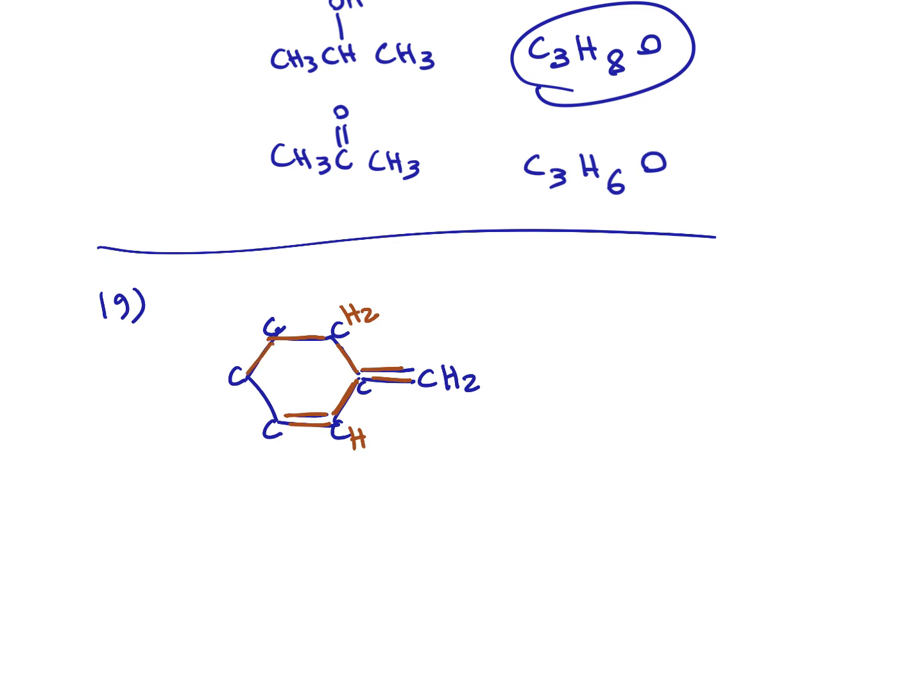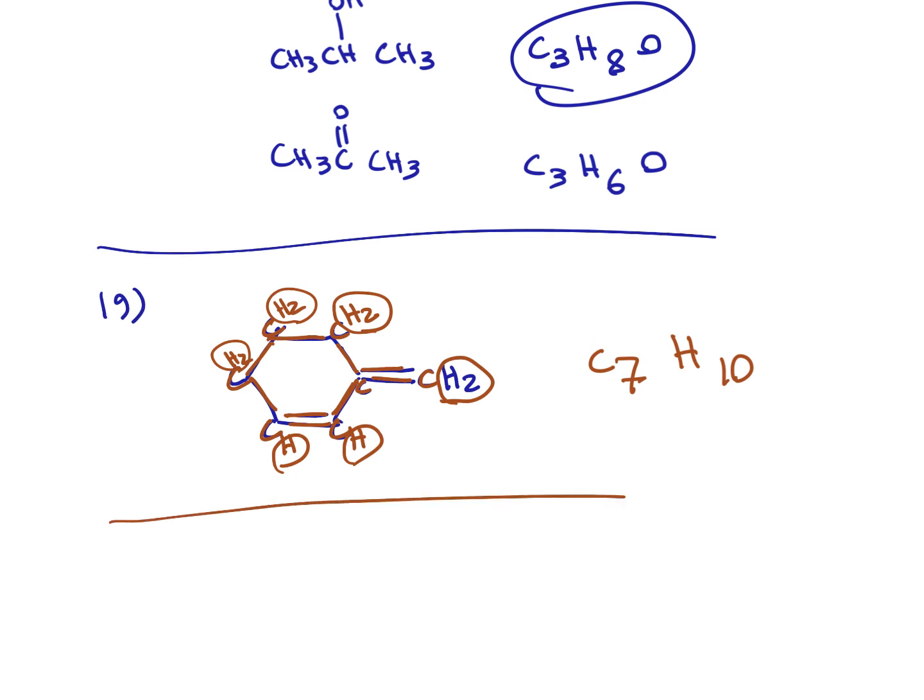We want to have 4 bonds. So 2 hydrogens here, 2 hydrogens here, 1 hydrogen here. So it would be C 1, 2, 3, 4, 5, 6, 7. Then H 2, 4, 6, 8, 10. So the molecular formula would be C7H8.